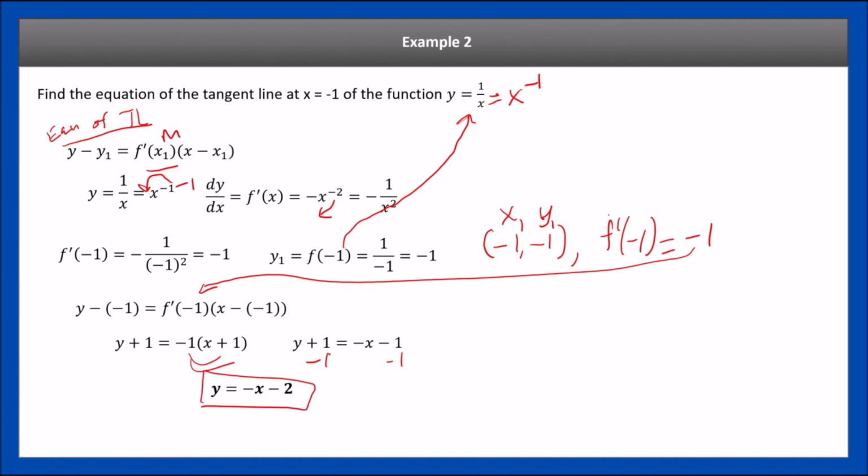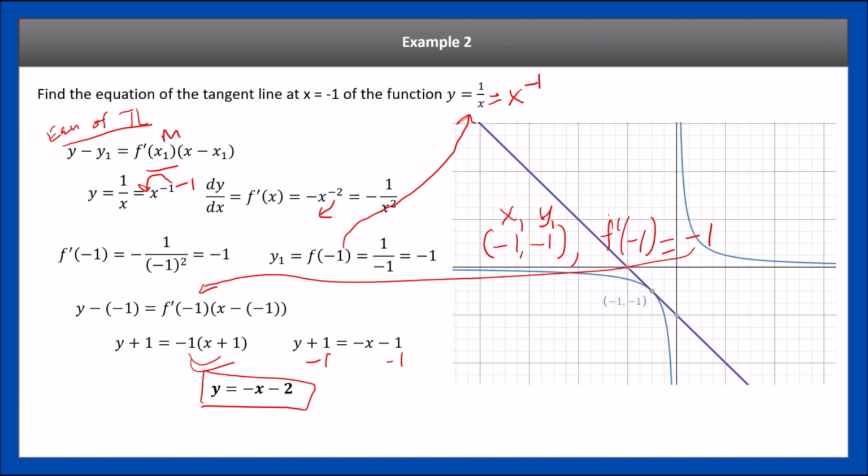And we're going to graph this function to show you how it looks, okay? So if I graph this function, let me erase all this part here. The graph of 1 over x is this light blue, and this dark blue/purple line is the tangent line, okay? And then this is x equals negative 1. So this is the point, the tangent line at x equals negative 1, where it touches it at one spot.